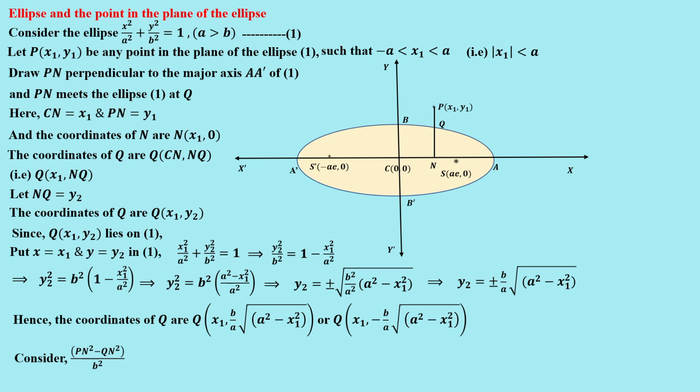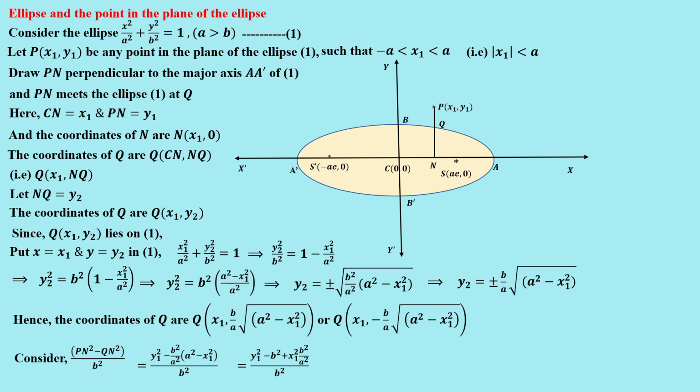Pn square minus Qn square by b square, right? So y1 square minus b square by a square, substituting the values, a square minus x1 square by b square, right? So that is equal to... Qn is y2, that is why we are taking that value.